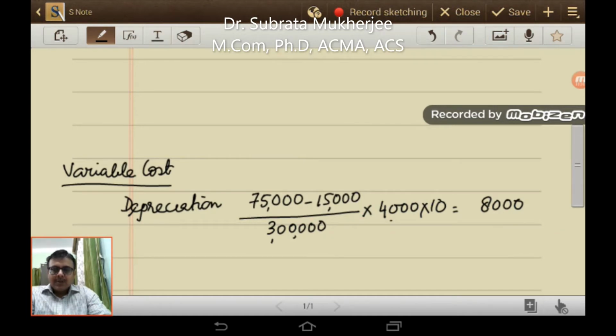So 60,000 by 3 lakh gives the amount of depreciation per kilometer. When I multiply it by 4,000, it is the depreciation per month per taxi. Then there are 10 taxis, so the entire amount is multiplied by 10 and the total is 8,000. So 8,000 is the amount of depreciation.